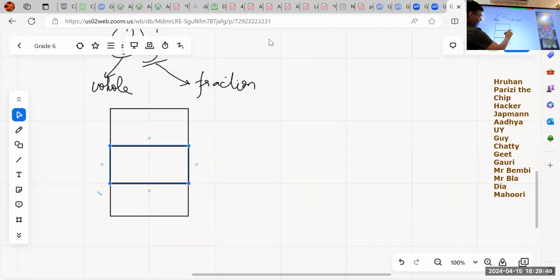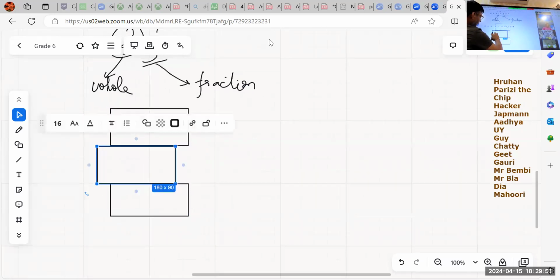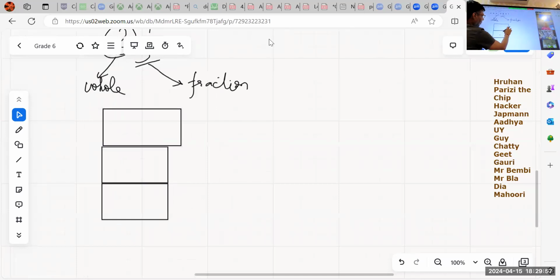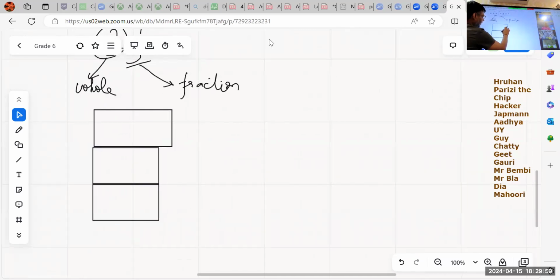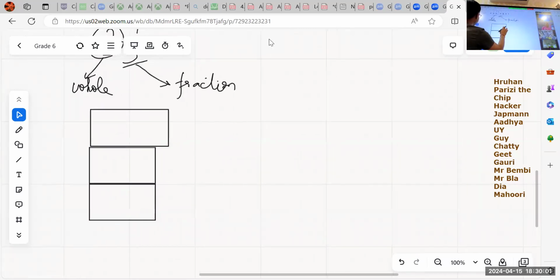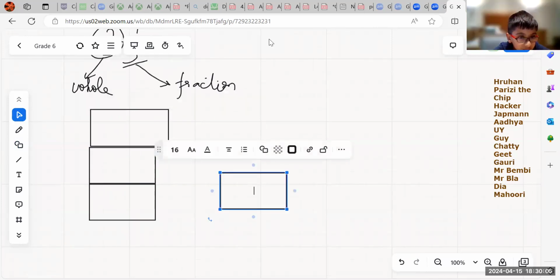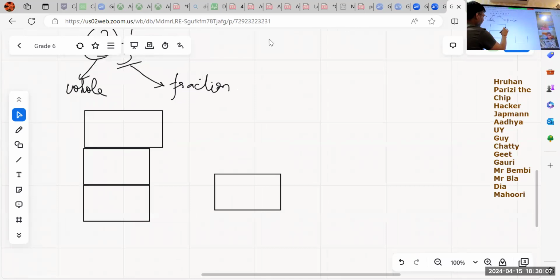Can you tell me how much will be shaded for 2 1/5? I'm saying if I have to represent 2 1/5 pictorially, how much should be shaded?